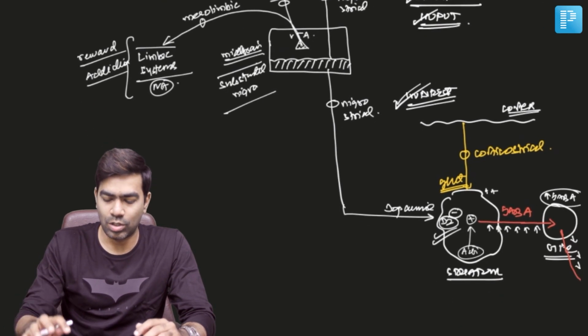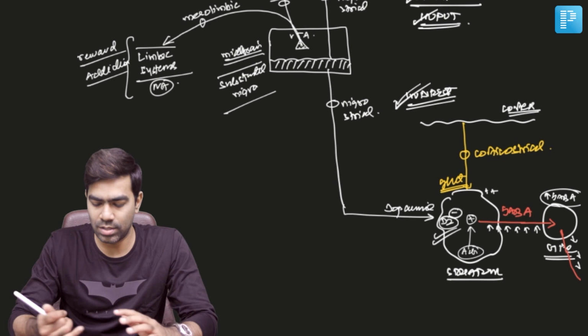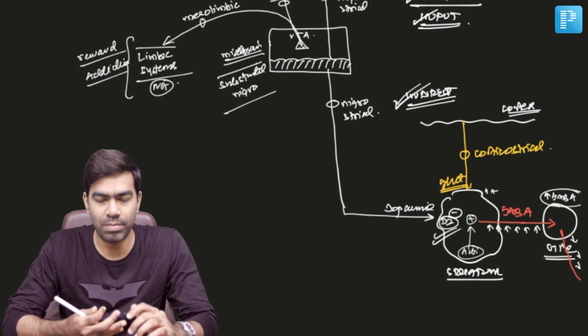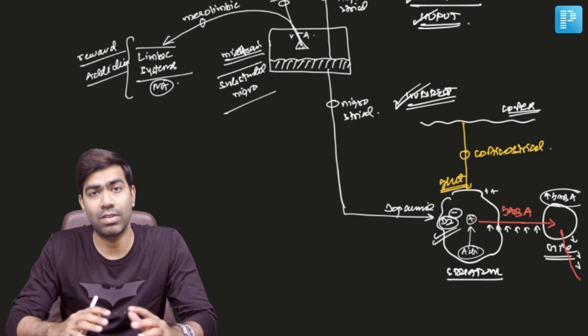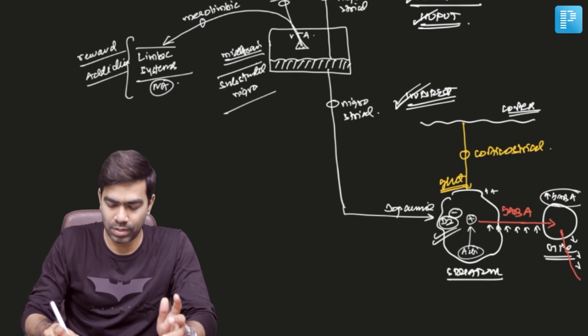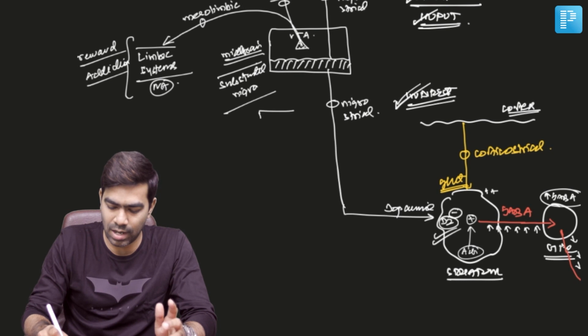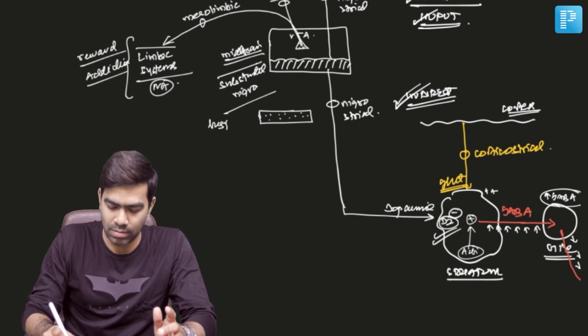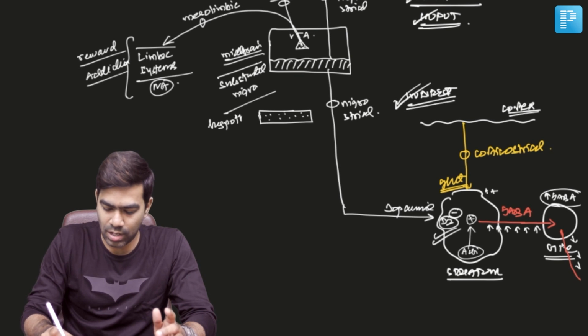Now we have discussed three pathways of dopamine, right? One is the nigrostriatal pathway, second is the mesolimbic, and third is the mesocortical pathway. And we have one more, that is the tubero-infundibular pathway. We also know that we have another important area in the midline of the brain called the hypothalamus.